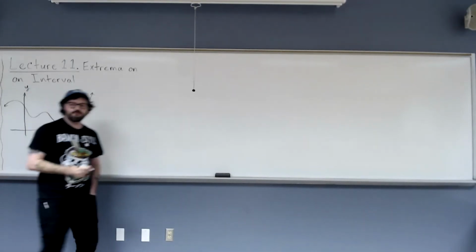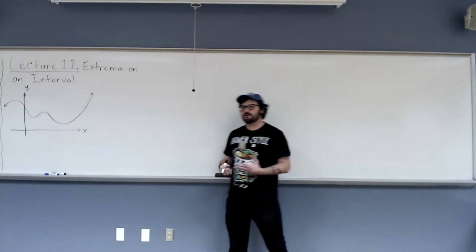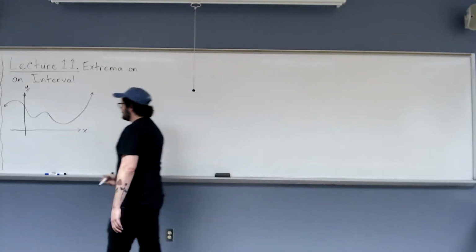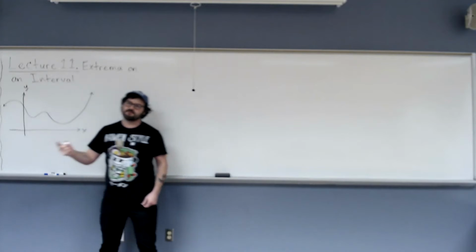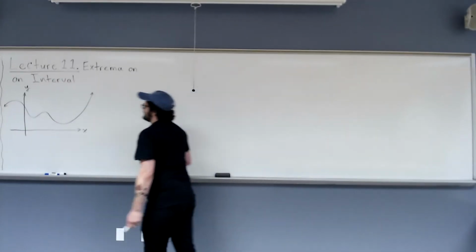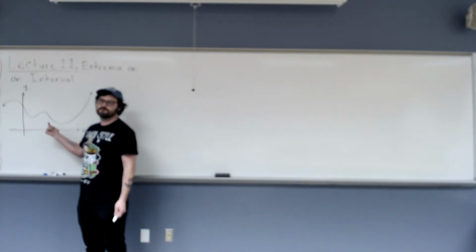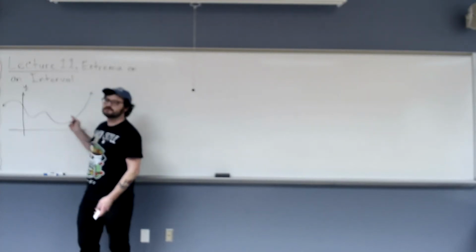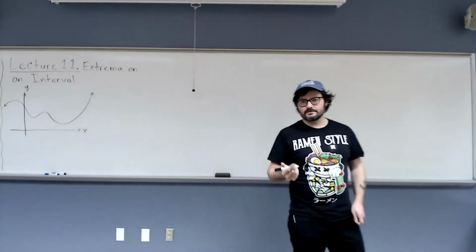And we want to understand and provide terminology and techniques to locate these changes in direction of the graph, right? Here, the function is increasing and then it's decreasing, right? Here it's decreasing and then it's increasing.